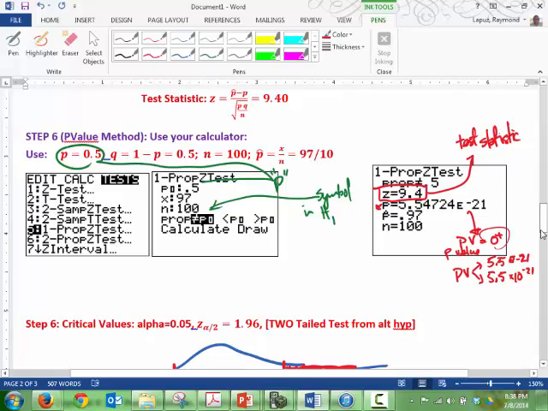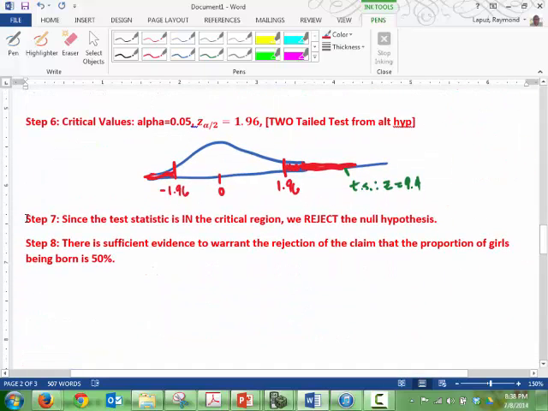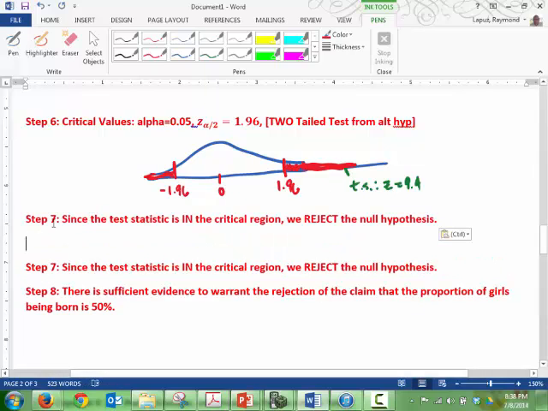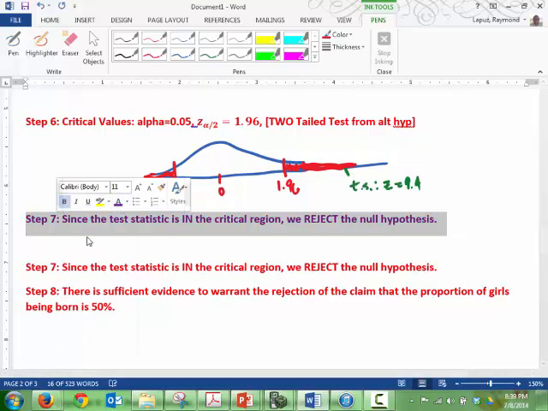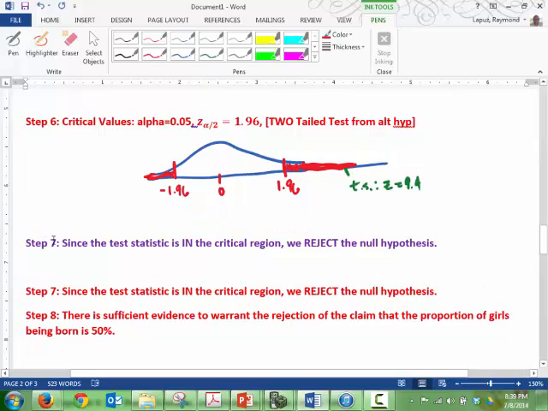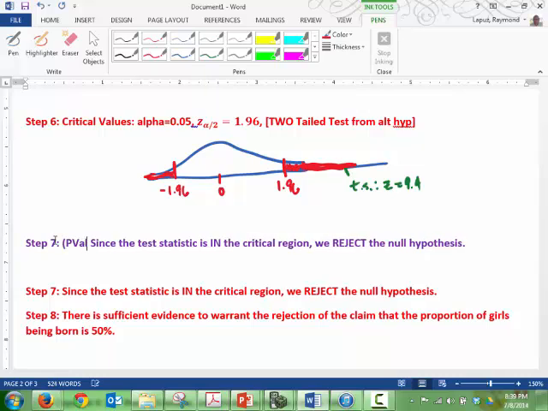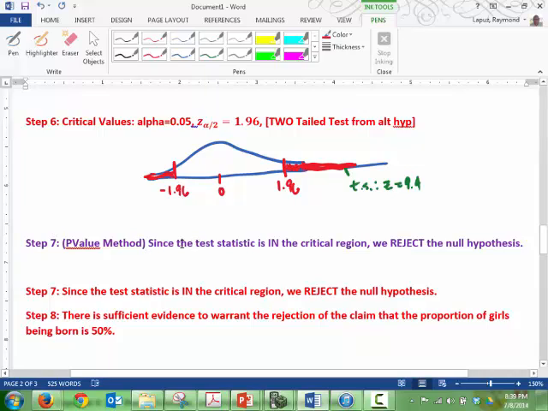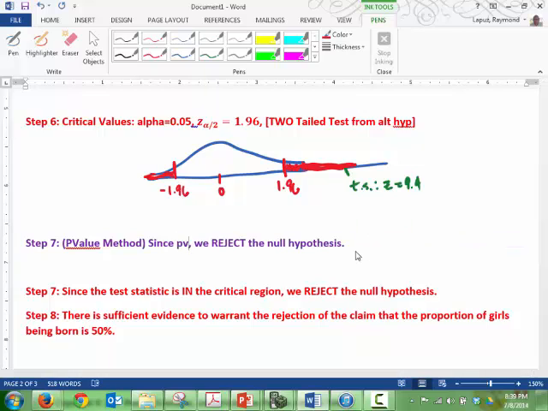So now, based on your p-value, if we were to continue using the p-value method, we say since PV, what's PV?